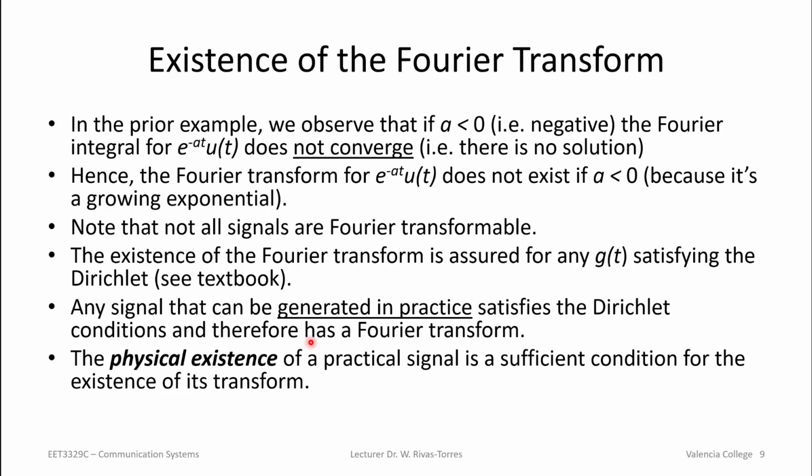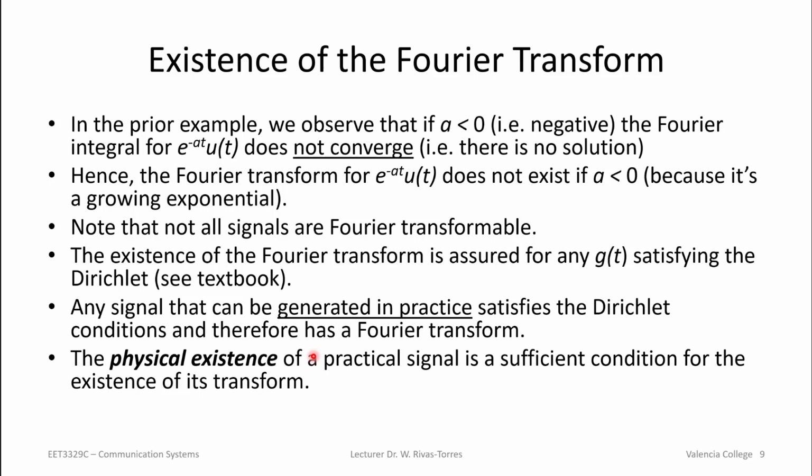But I will tell you that in general practice, a signal will satisfy these conditions if the signal exists, right? If you have a signal that exists, doesn't go to infinity or blow up or something like that, or is not the condition where it's zero everywhere.